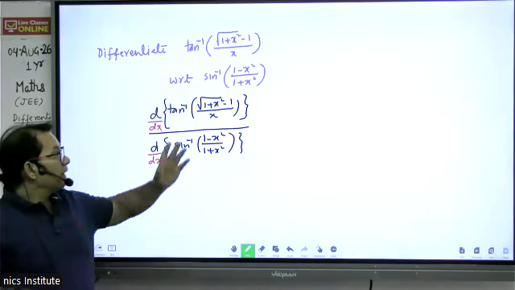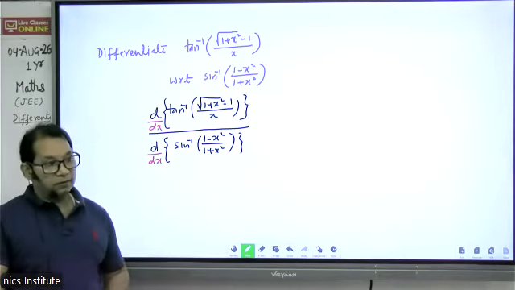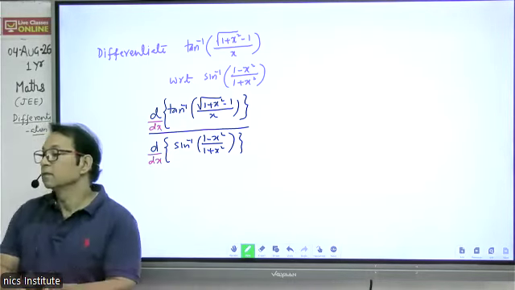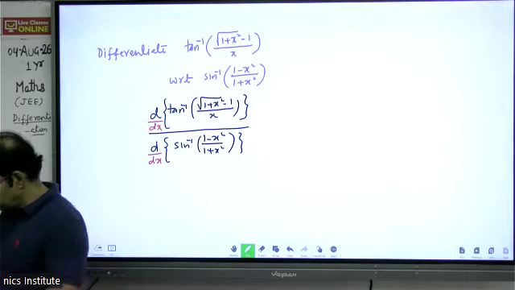And if you wish, you can make individual separate substitutions also for simplification.